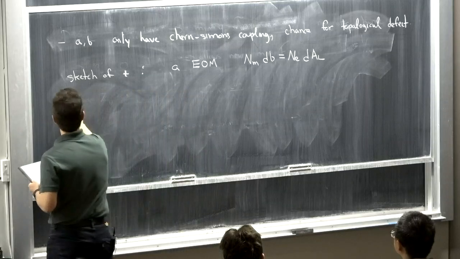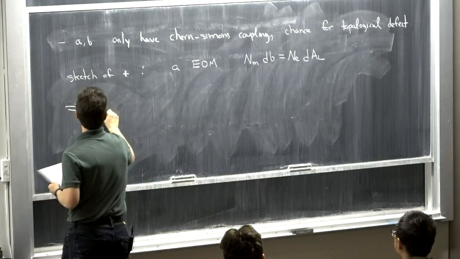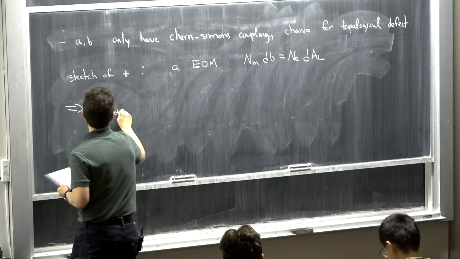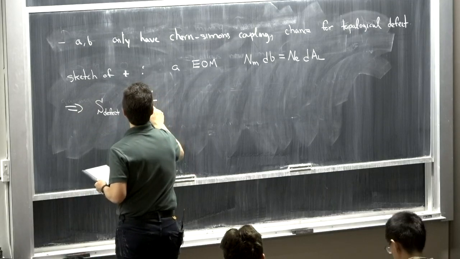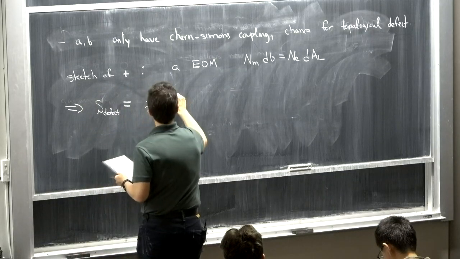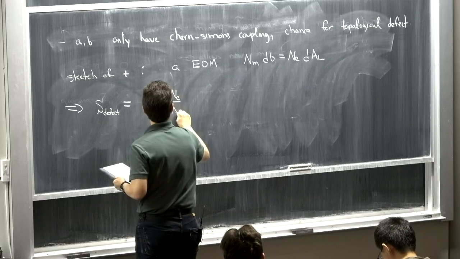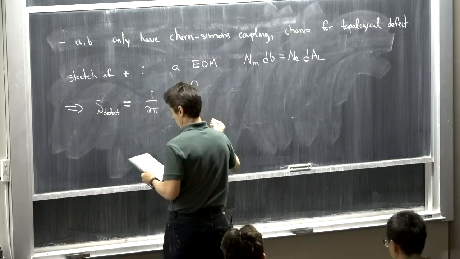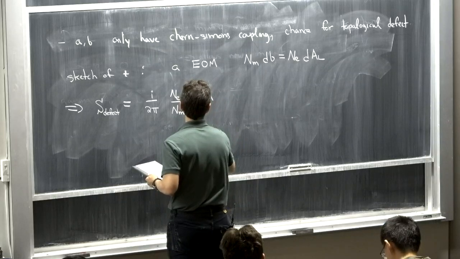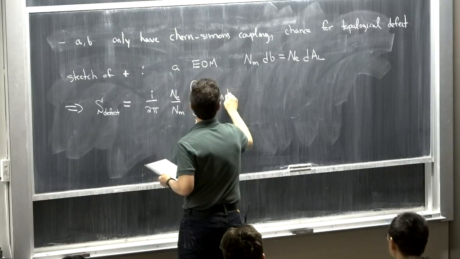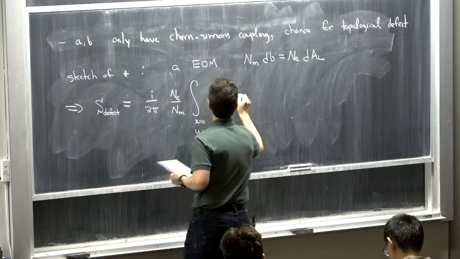So if I brazenly substitute that back in, I get i over 2 pi N_E over N_M integral over x equals 0, or what I was calling W, A left with dA right.